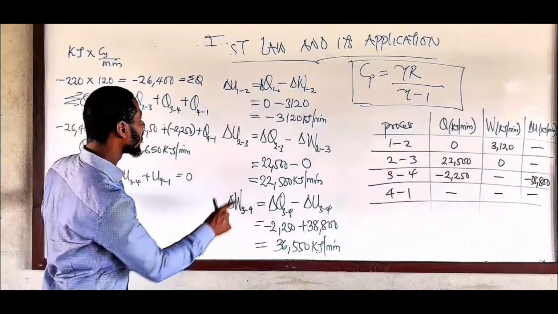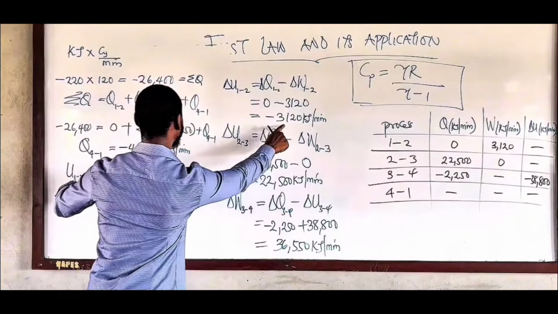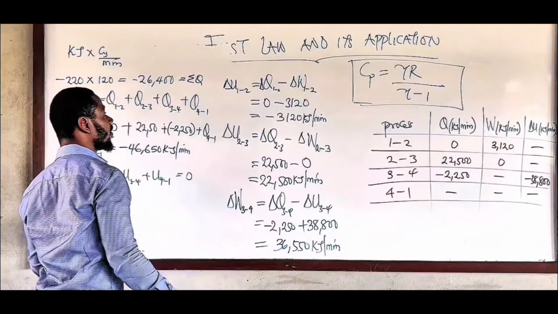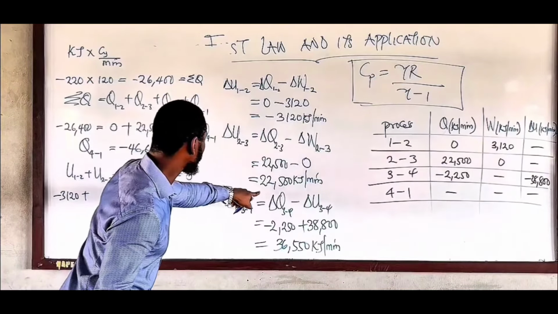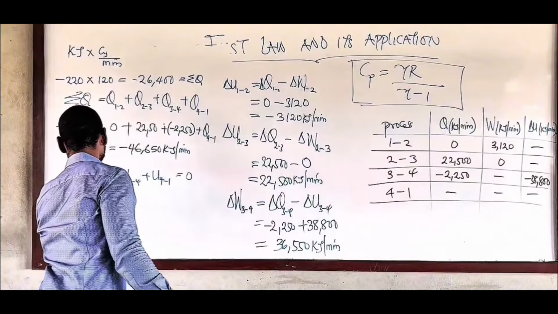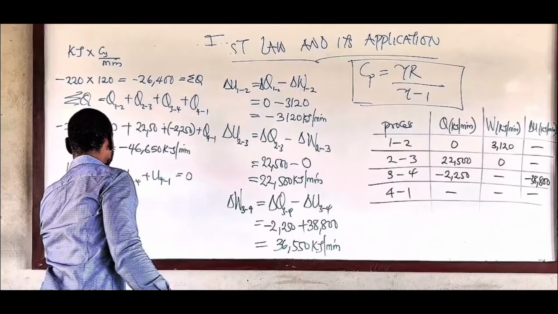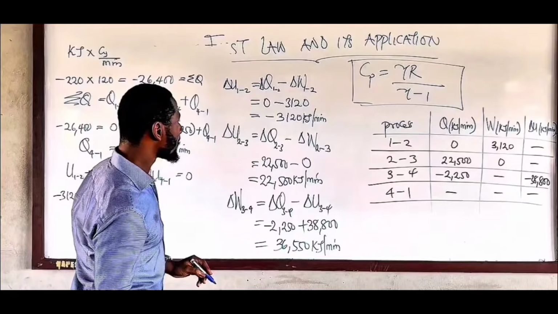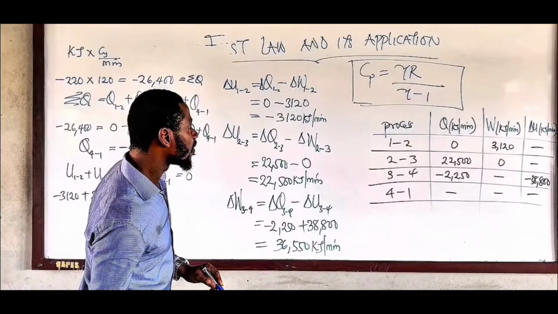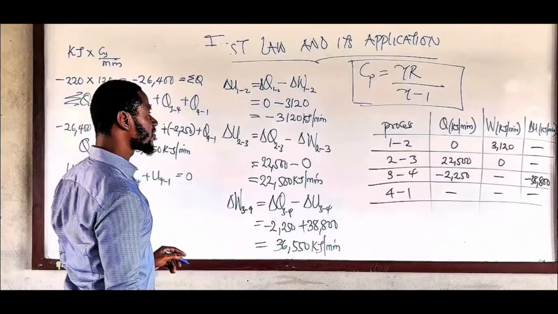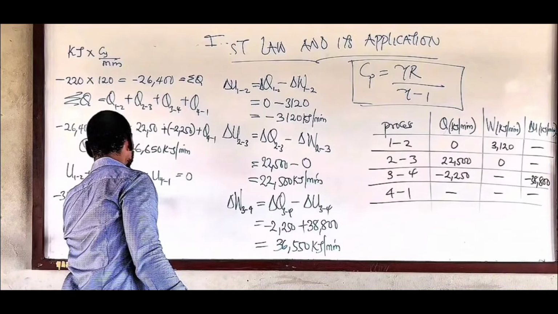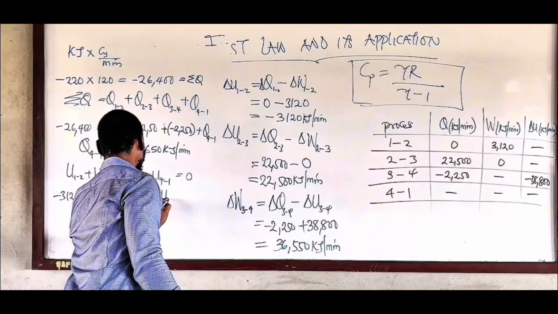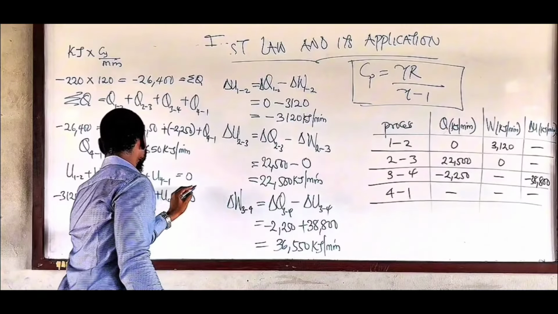U1 to 2 is what? The value is given as minus 3120, plus U2 to 3 becomes 22,500. 3 to 4 is minus 38,800, then plus U4 to 1.